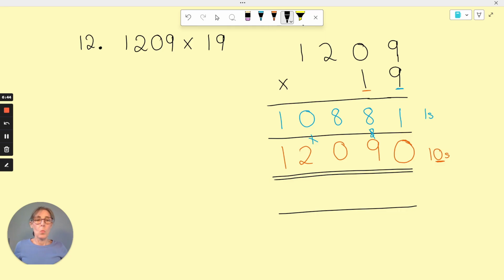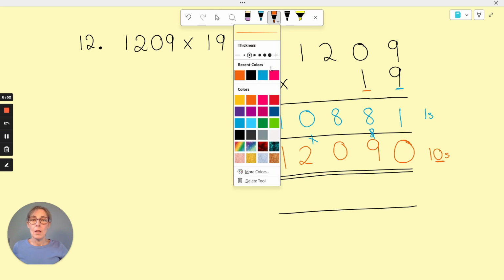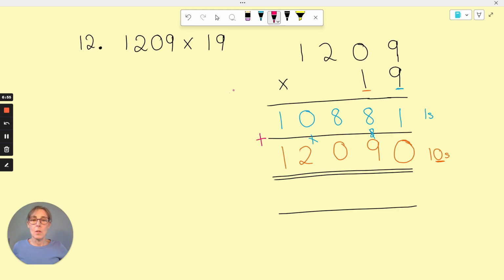Now let's add them up. Let's use a different colour, make it stand out a bit. Let's use that one, so that'll stand out, won't it? And we could actually do the answer in them. 1 plus 0 is 1. 8 plus 9, well, 9 add 1 is 10, add 7 is 17. 8 plus 0 plus 1, 8 plus 1 is 9. 0 plus 2 is 2, and 1 plus 1 is 2.